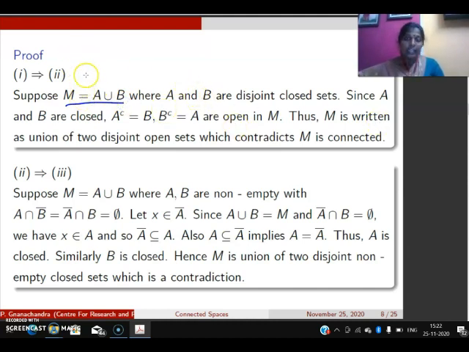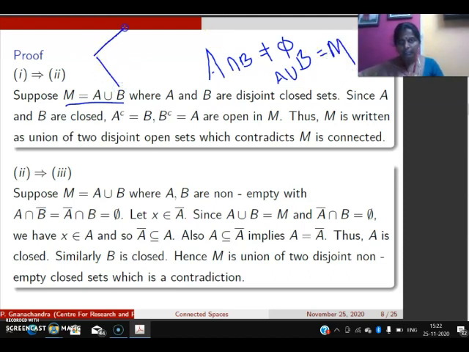Here I have written M equals A union B. Since A and B are closed, A complement equals B and B complement equals A. Why? Because A intersection B equals empty as well as A union B equals the whole space.